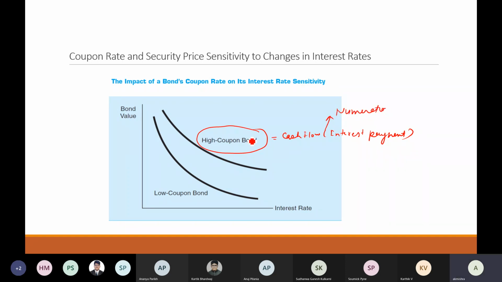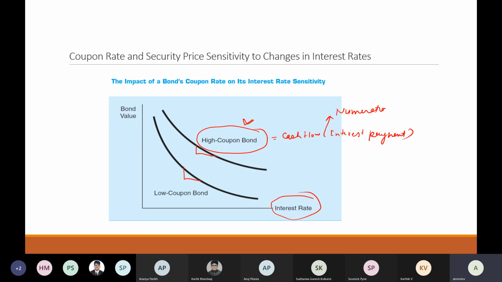So that's why if the coupon of a particular bond is high, then it is going to be less sensitive to the interest rate. Whereas bonds which have a low coupon rate have a steeper slope, and they are going to be more sensitive to changes in the interest rate.